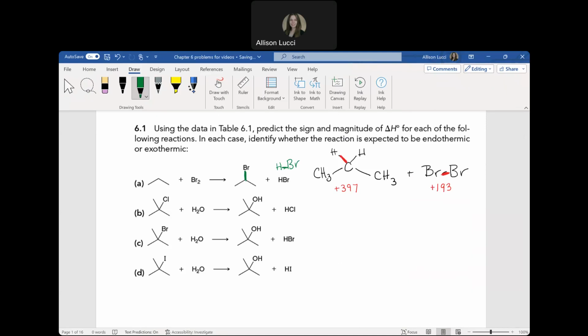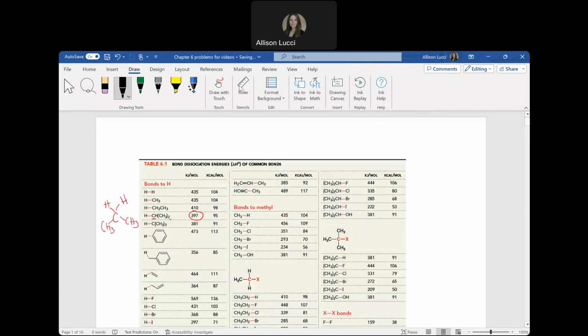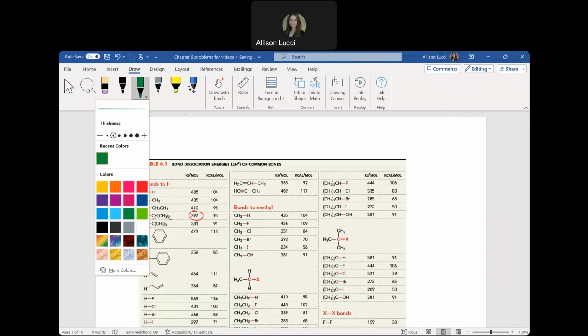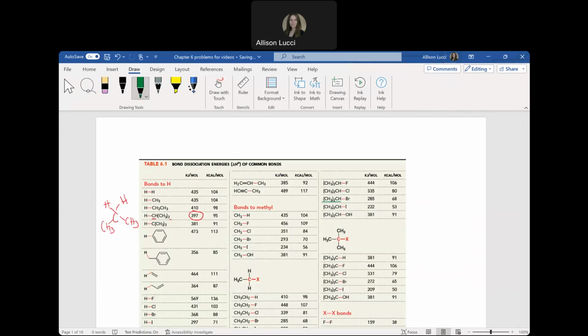So let's go back to our table. Here, let's make a list. So our CBr bond, and then we have our HBr bond that we're looking for as well. So on our table, they will look like this. So we have this molecule over here.